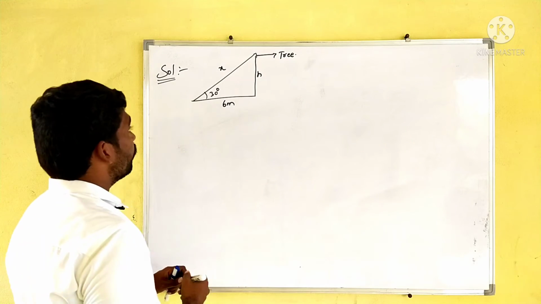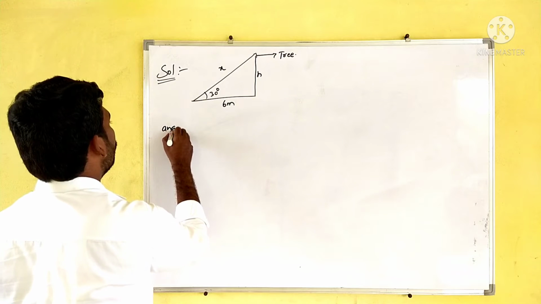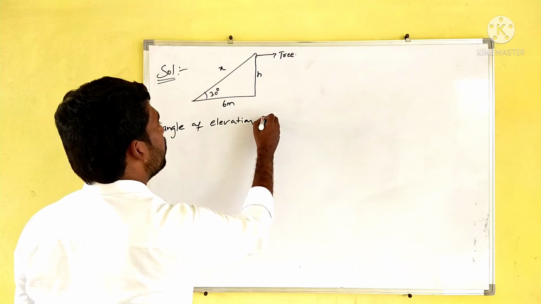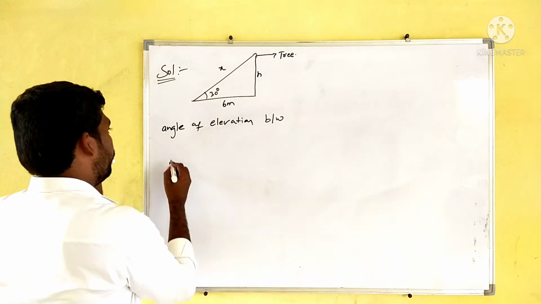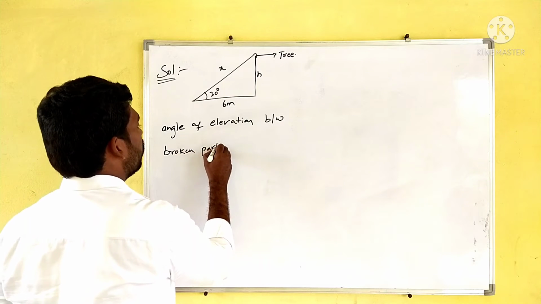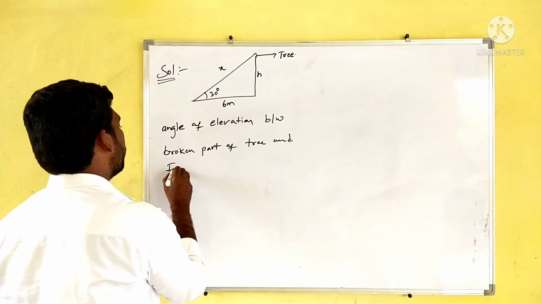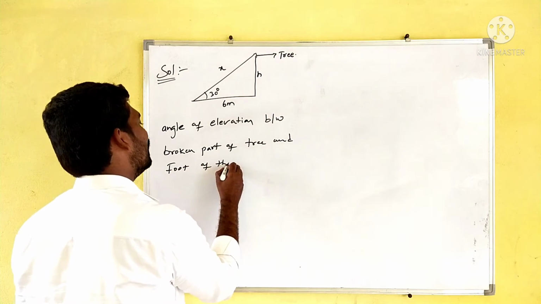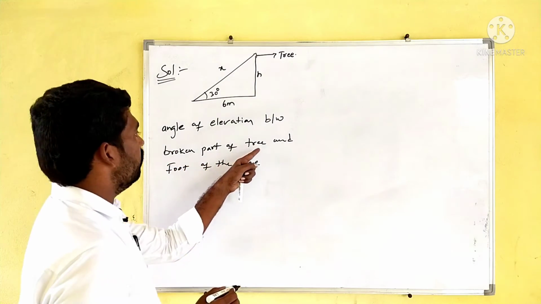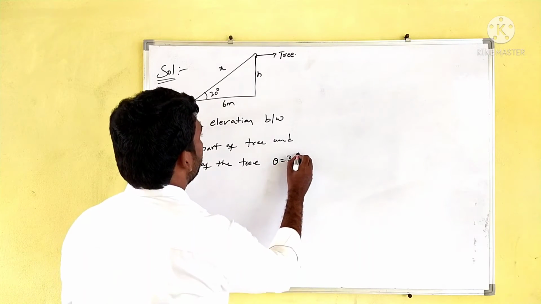The angle of elevation between the broken part of the tree and the foot of the tree, theta equals 30 degrees.